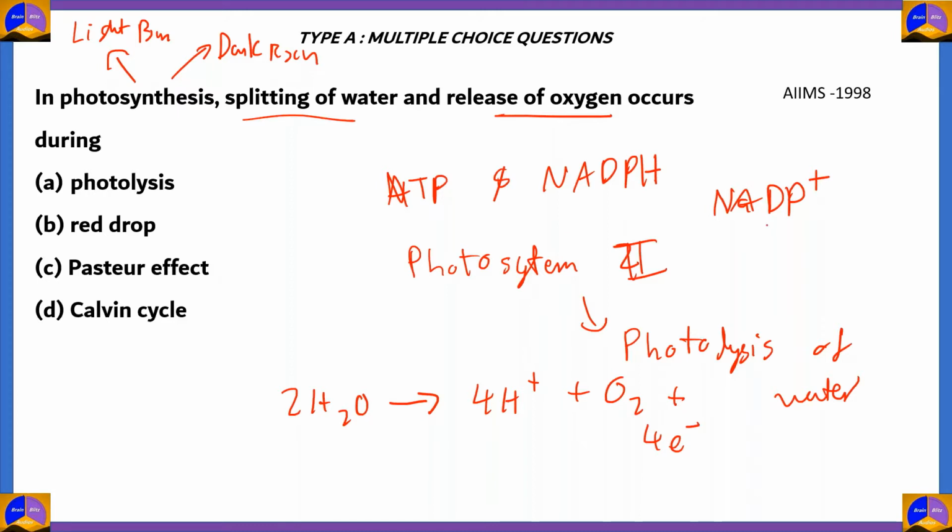So as you can see, the electrons are used to satisfy NADP plus, and one of the hydrogens is taken there in order to form NADPH, and the oxygen passes out through the stomata, so oxygen is released and water is split. So the right answer is option A, photolysis. Let's move on to the next question.